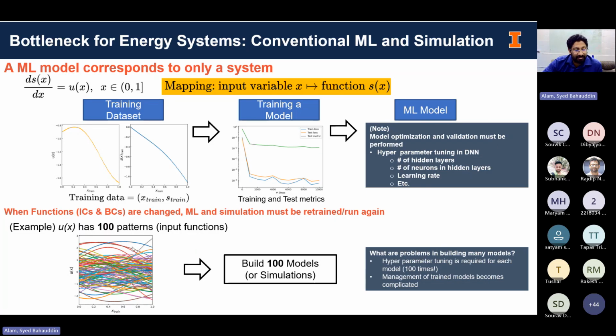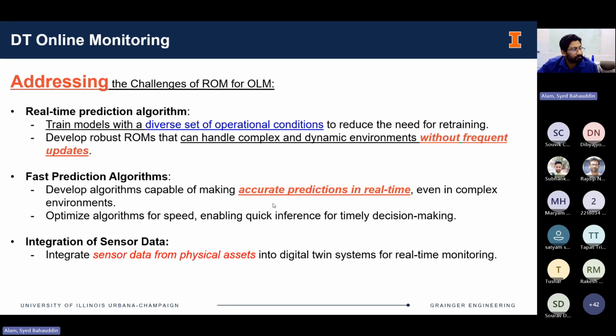But in real energy systems, in a minute, we can have 10 to the power 5 or even more operating conditions. You really don't want to build every single model for that, right? That means we need a functional type of approach that will solve that bottleneck.